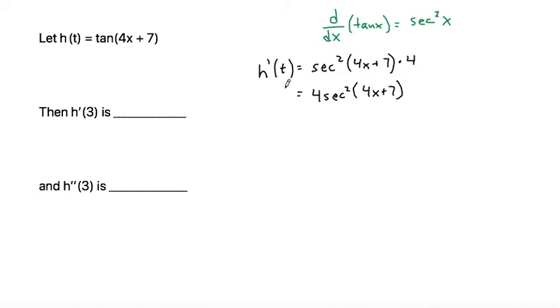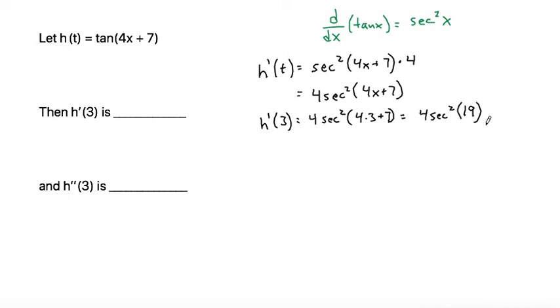So this is our derivative, but to find h prime of 3, we need to plug in 3. So that gives us 4 times secant squared of 4 times 3 plus 7, which is 4 secant squared of 4 times 3 is 12, plus 7 more is 19.